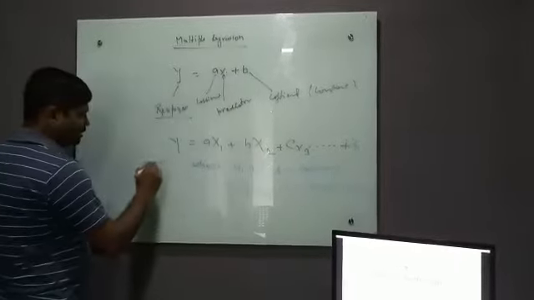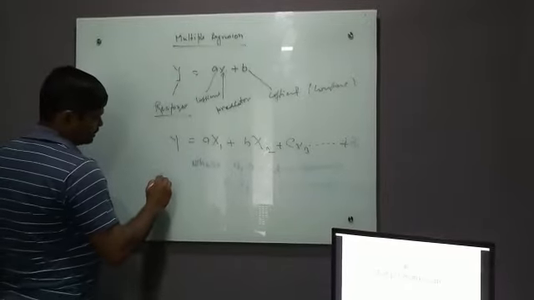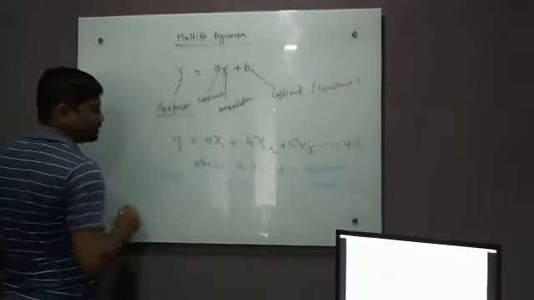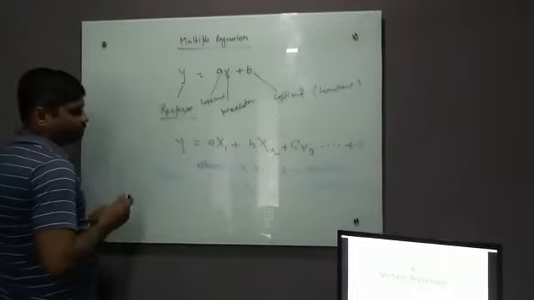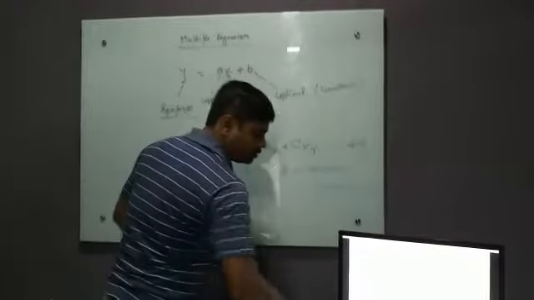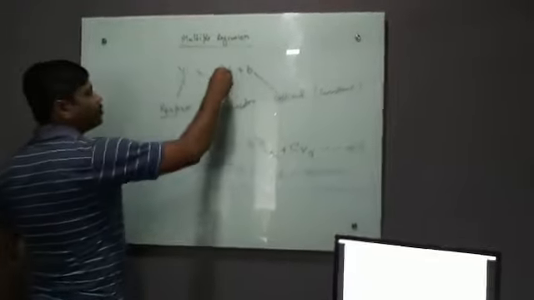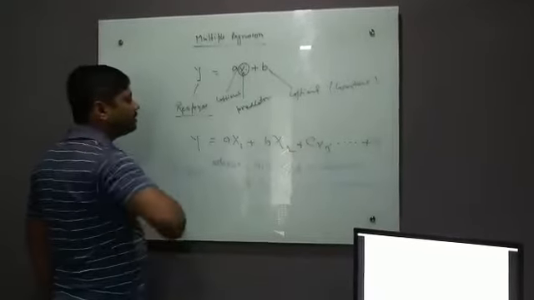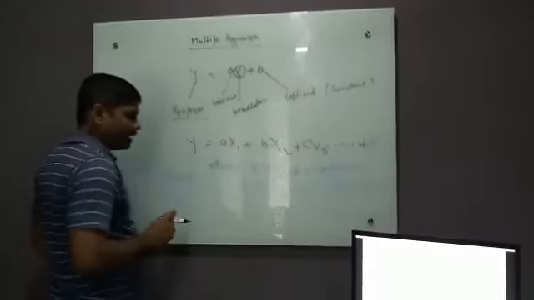And then what is y? Y is the response. So it means that if something depends on more than one predictor, okay, then you have to define it as x1.